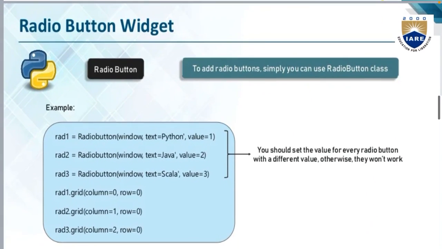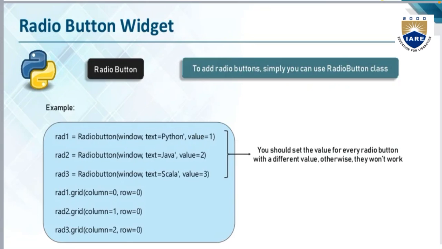Next, the radio button widget. To add radio buttons, simply you can use the Radiobutton class. You should set the value of every radio button with a different value, otherwise they don't work and an error will occur, like value 1, value 2, value 3, etc. And the syntax goes like this.